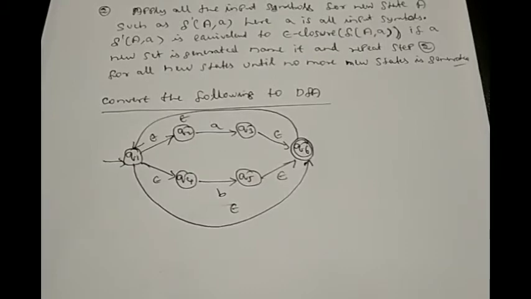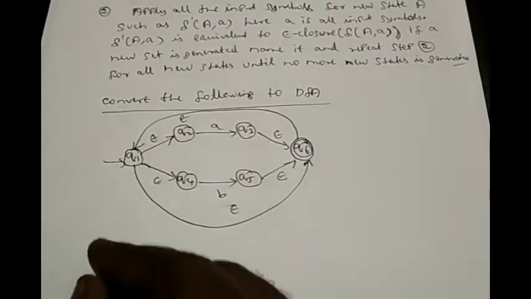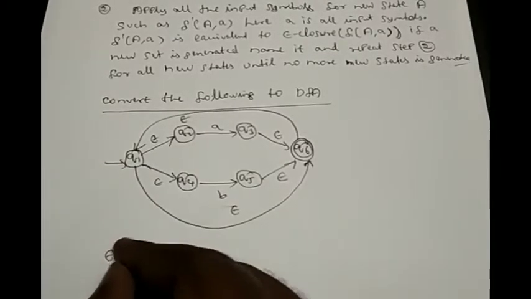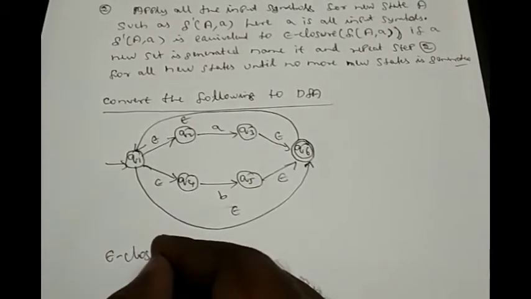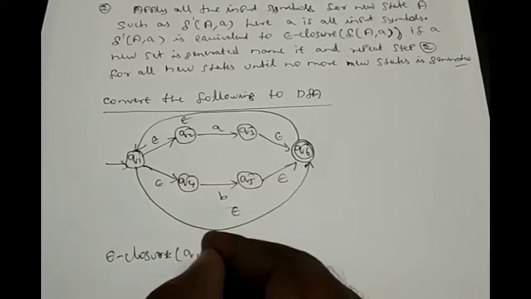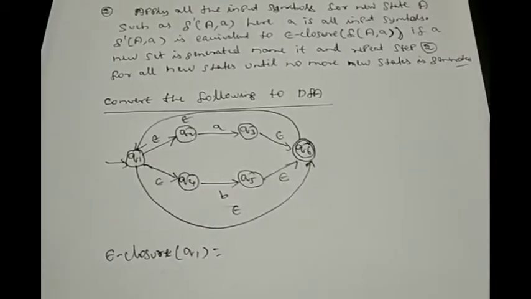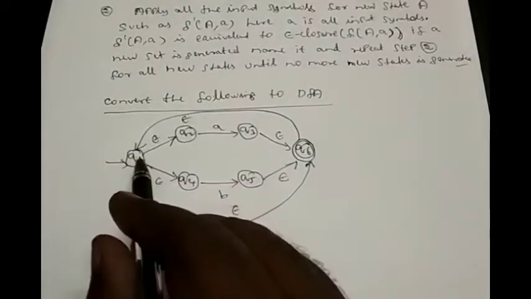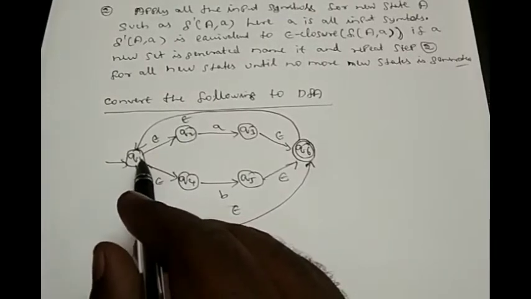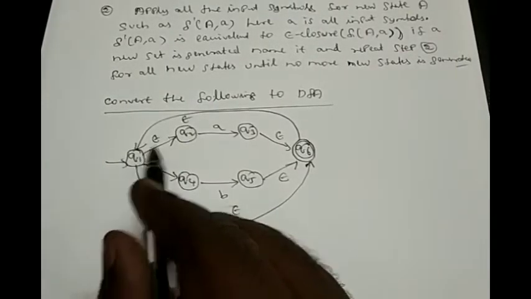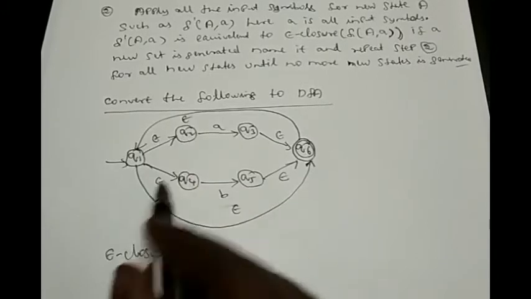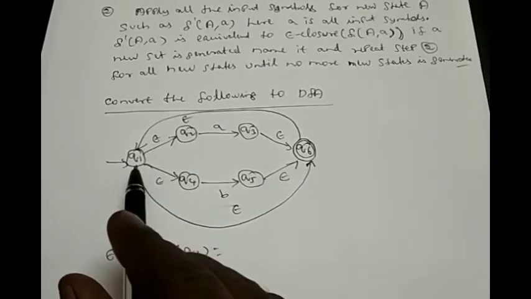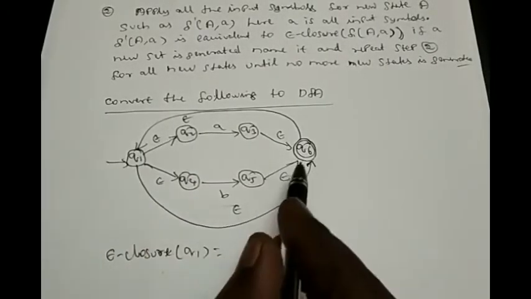In this diagram, the initial state is Q1. So I find the epsilon closure of Q1. When you apply epsilon from Q1, it goes to Q2, it goes to Q4, and it also goes to Q6.